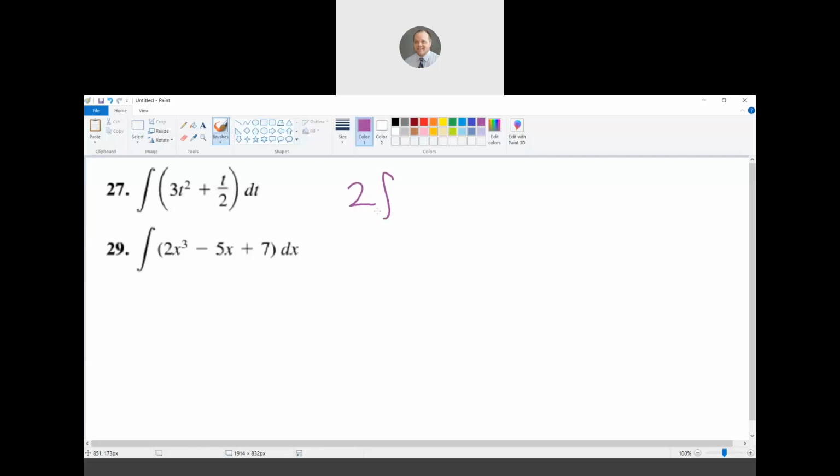So we have 2 times the integral of x cubed dx minus 5 times the integral of x to the first power plus 7. Now that 7, we can rewrite as 7x to the 0 power. Again, we have not changed the value; we just rewrote it in terms of x, because remember, x to the 0 power is 1.